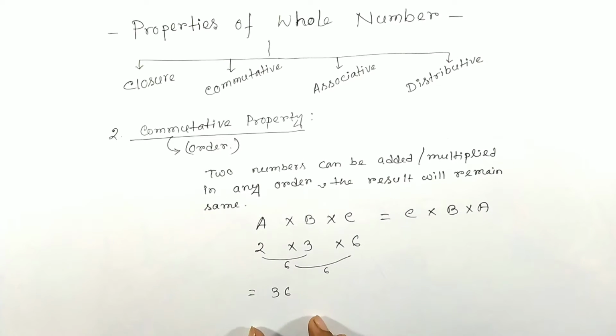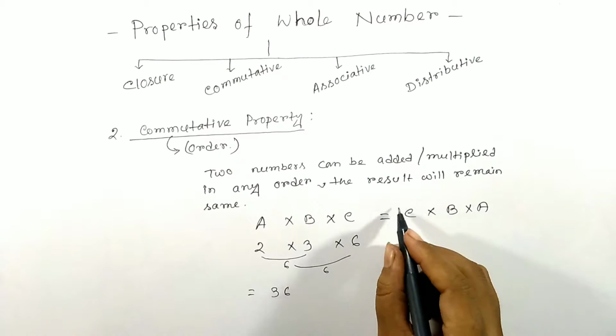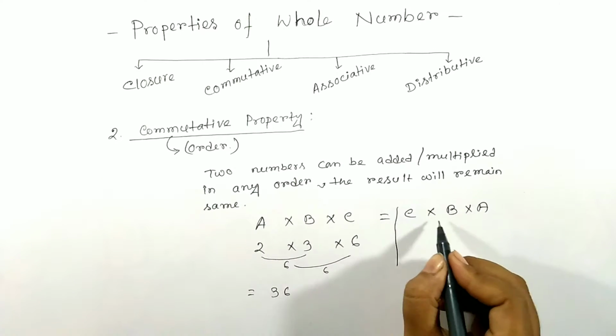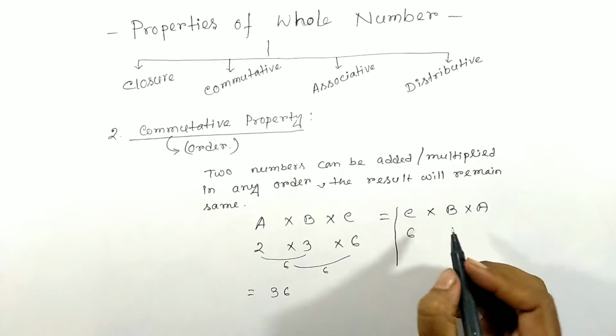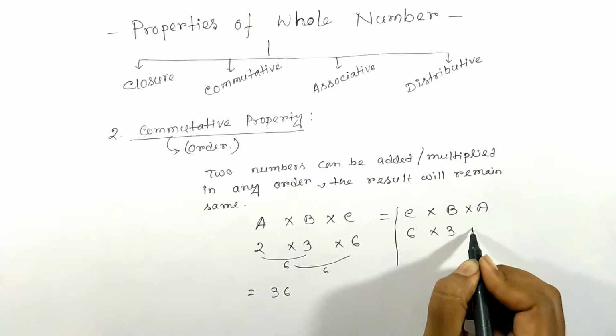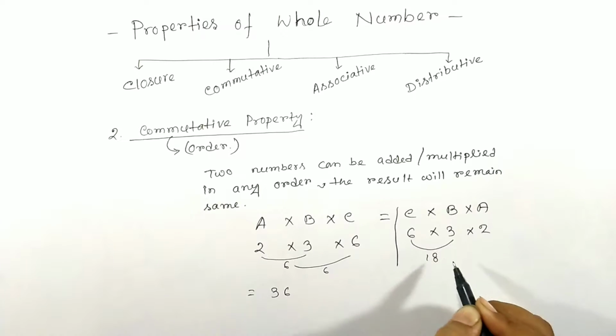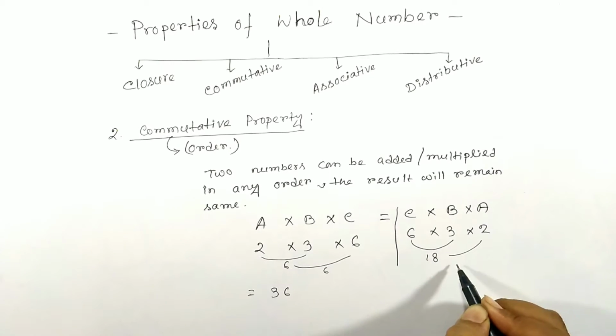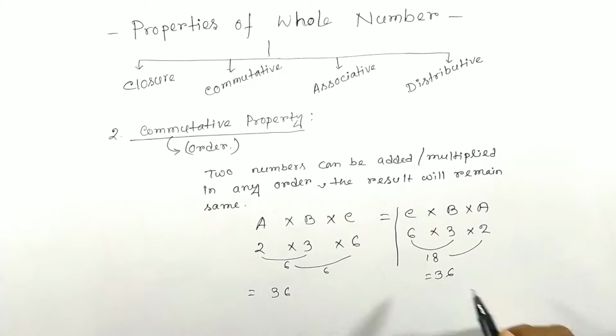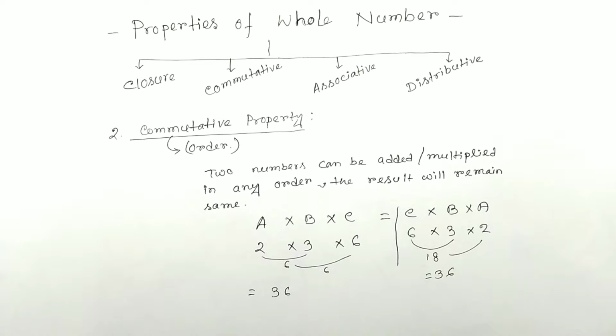So you will get 36 as a result. Now let's check for the different order. C is 6, B is 3 and A is 2. So 6 3s are 18. 18 into 2 equal to 36. So in case of multiplication, order doesn't matter. In any order you multiply, you will always get the same result.